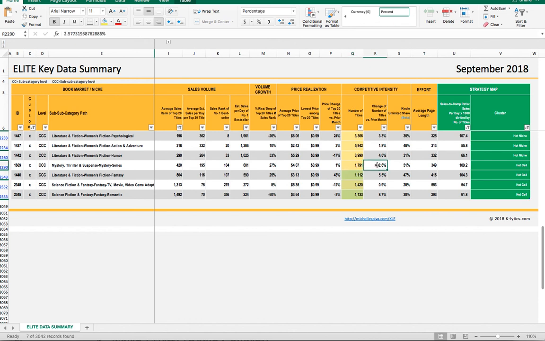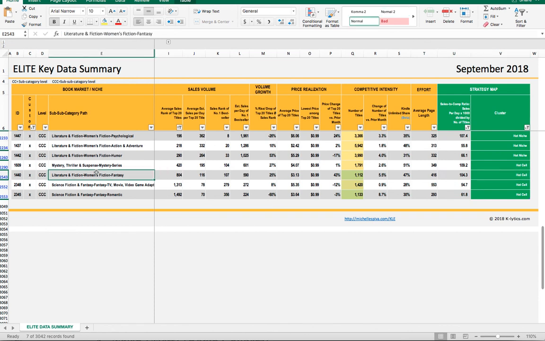The MTS series only had a 2.6 increase. The women's fiction only had a 5.5. Now the women's fiction does have almost 47.5% of its titles in Kindle Unlimited. I don't care, because I'm still getting an average of $3 on the sale side, and with that competition, I'm okay with it, especially with it being a hot sale.